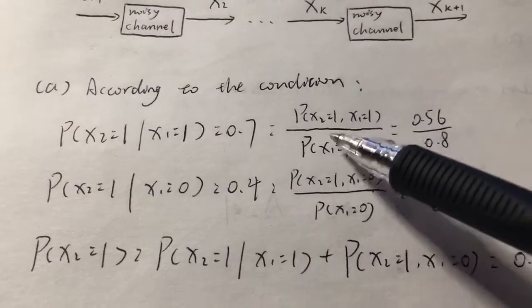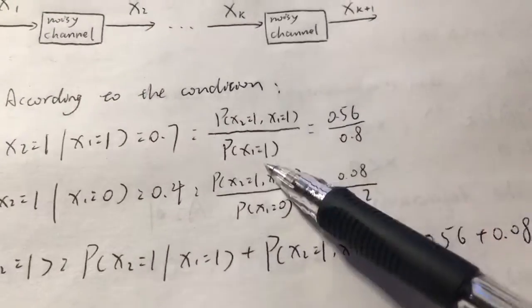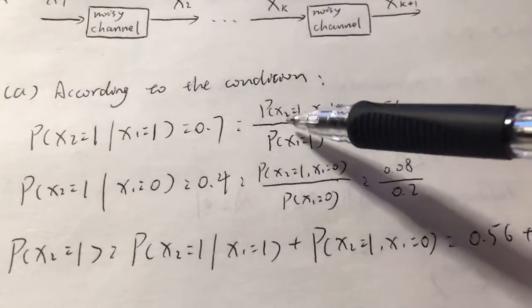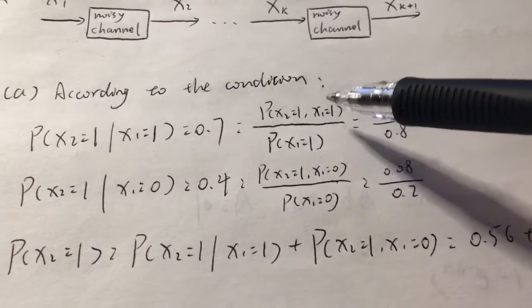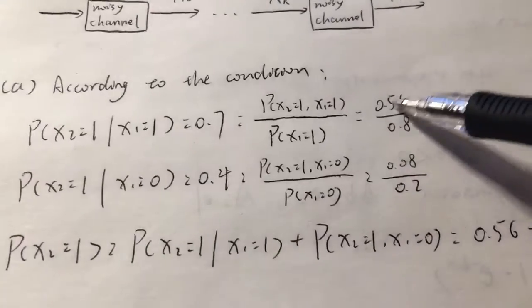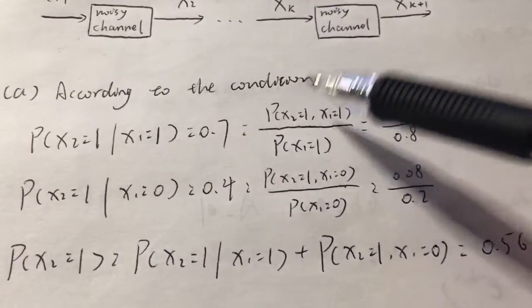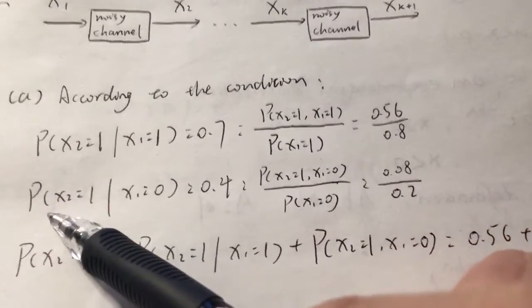So we can use this to calculate that the probability that x2 equals 1 and x1 equals 1 is 0.56. That's the probability.